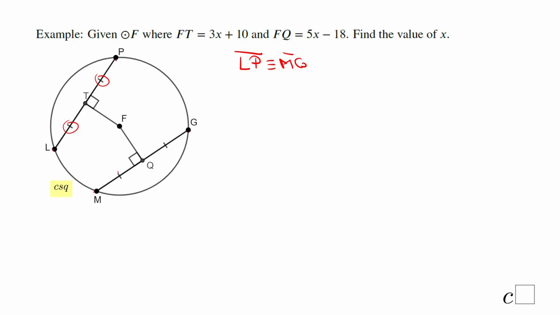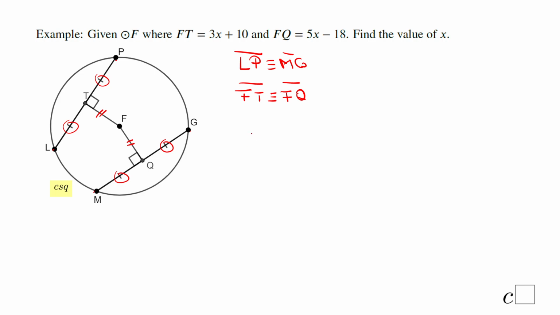So that means they are equidistant from this center. So that means TF and FQ are congruent, or let's use what we have in the problem, FT is congruent with FQ. This is the justification. If the chords are congruent, then they are equidistant from the center.